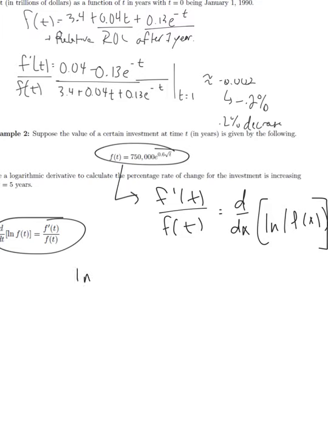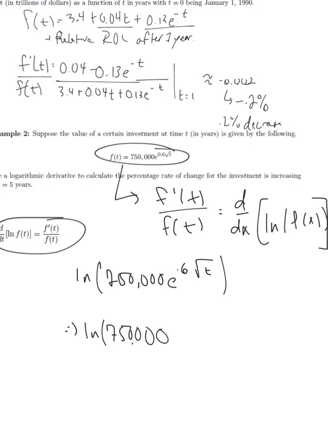So if I look at the natural log of 750,000 e to the 0.6 square root of t, this is actually the natural log of 750,000 plus the natural log of e to the 0.6 square root of t. This is going to be some number, so I'm just going to leave it as natural log of 750,000.